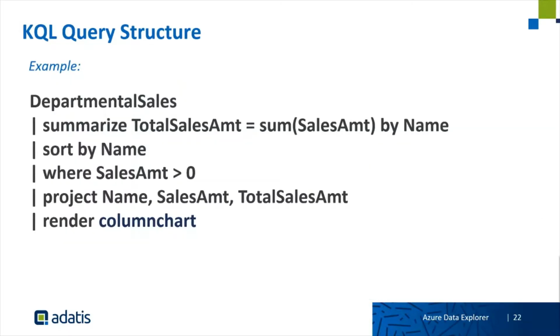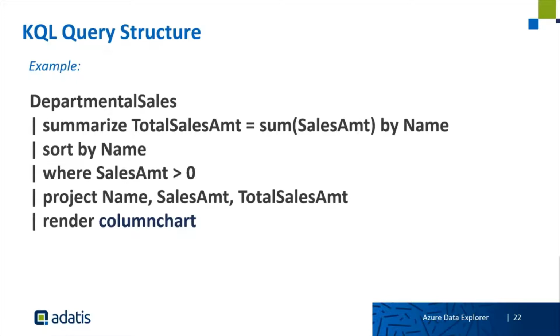So just to give you an idea of the KQL query structure, let's imagine we have a particular table named departmental sales, which holds the sales for each department within the company. And we need to summarize that data and be able to get a total amount of sales by each department name, right?